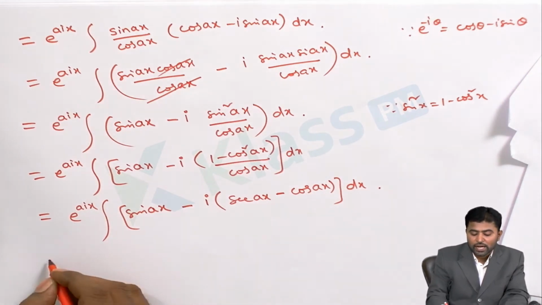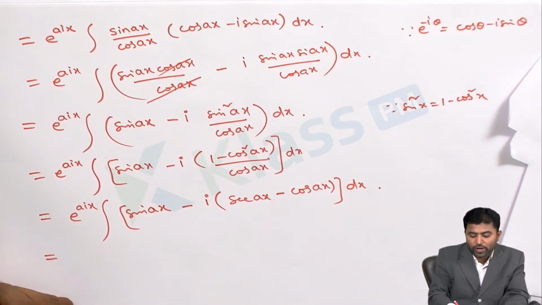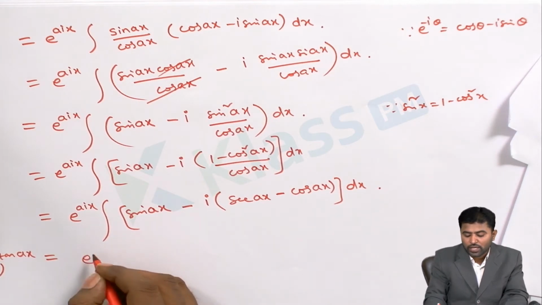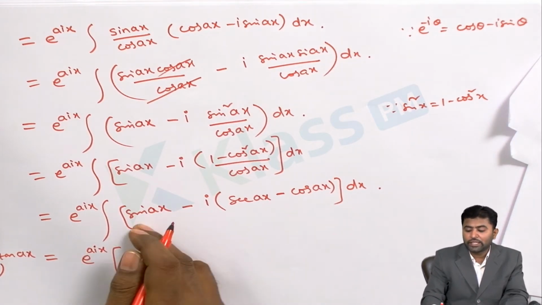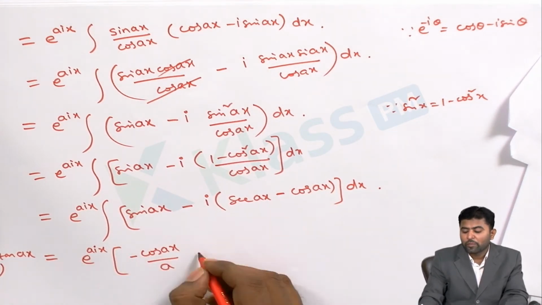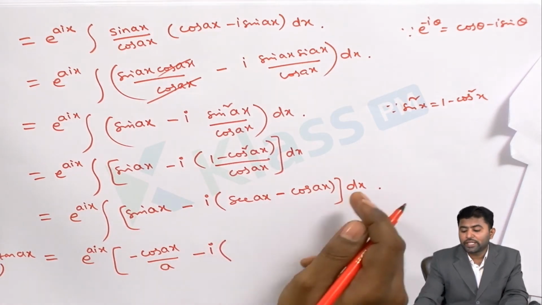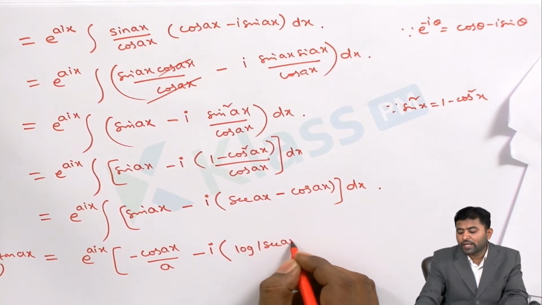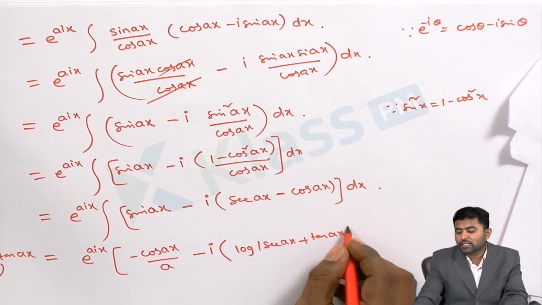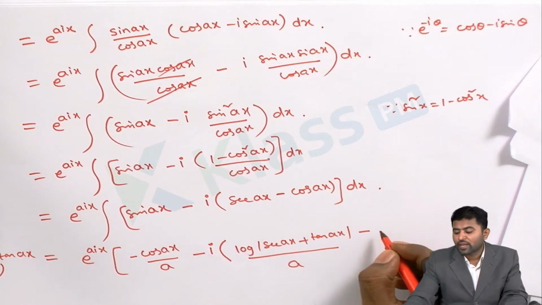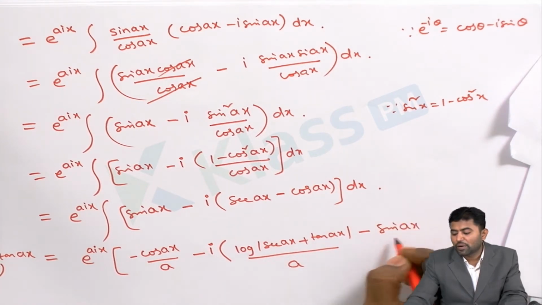Then integrating this, I'll get 1 by D minus ai into tan ax is equal to e power aix integration of sin, which is minus cos ax by a, minus i into integration of secant ax, which is log mod secant ax plus tan ax divided by a, minus integration of cos, which is sin, so sin ax by a.